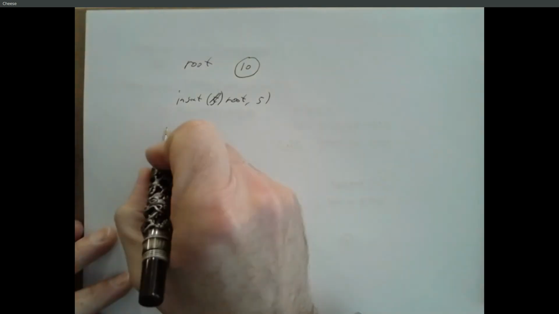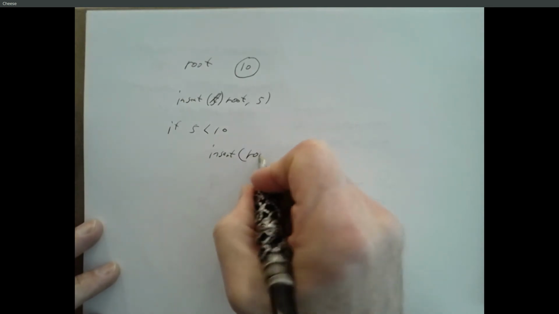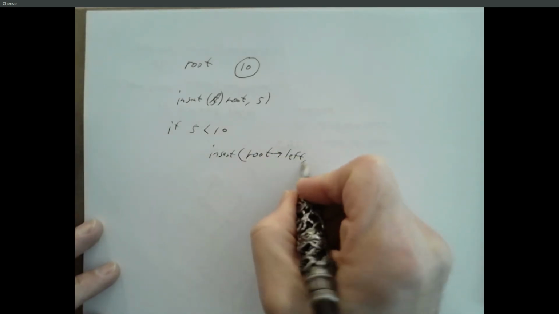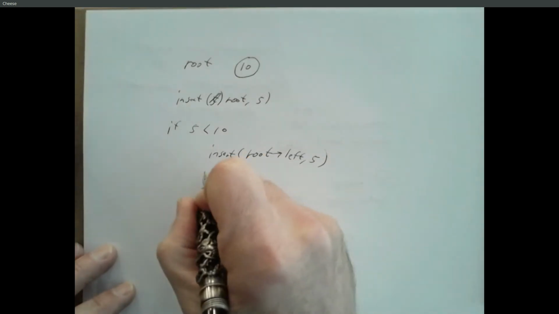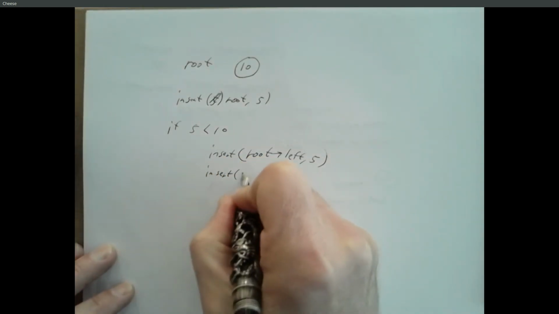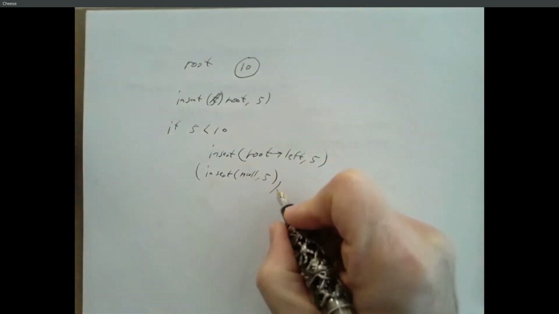All right, the tree is not empty, so we can't just return a node containing a 5. So we're going to say basically if 5 is less than 10, and it is, so we're going to say insert root left. In other words, put 5 into the left subtree. Well, what is the left subtree of the root? It's null, right? So this is really saying insert a 5 into a null tree.